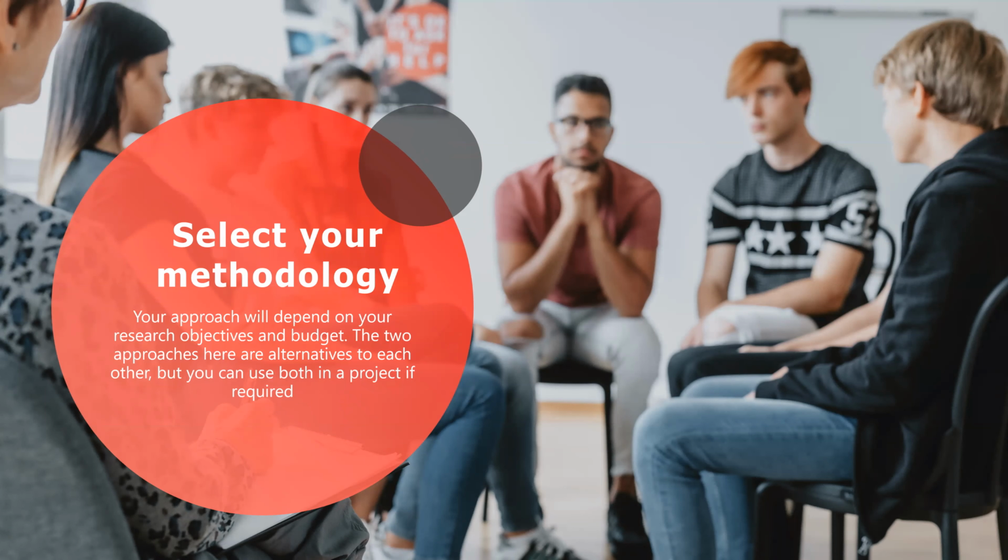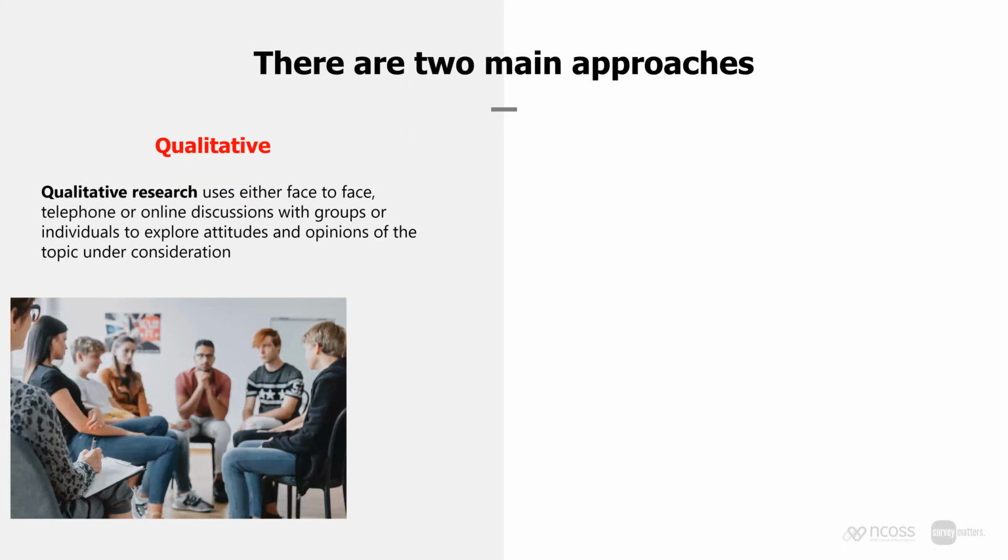Okay, so once you've defined your objectives, you're in a position to determine the best approach or the methodology for your research. And there are two main approaches: qualitative and quantitative research. While these two approaches are alternatives to each other, you can also use both in a project if you need to, as they offer different benefits. So what are they? Qualitative research uses either face-to-face, telephone, or online discussions maybe, with groups or individuals to explore attitudes and opinions.